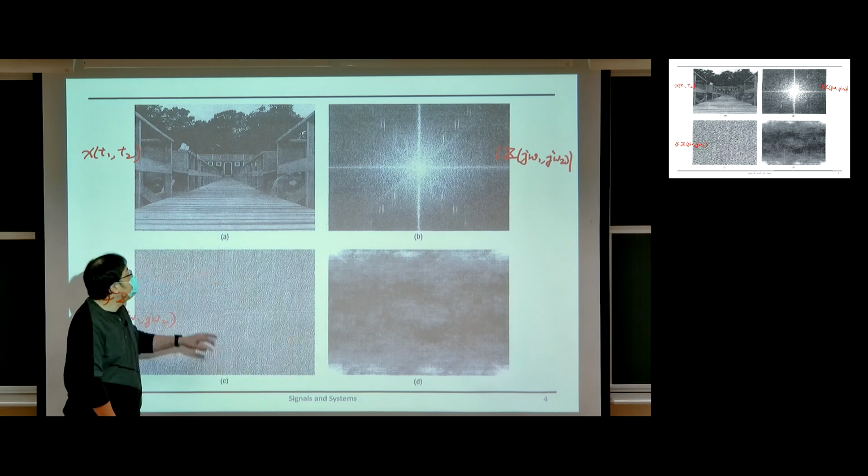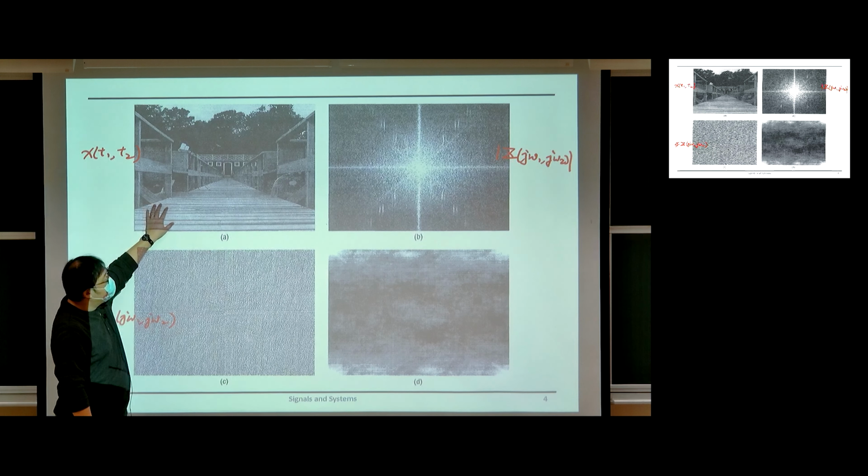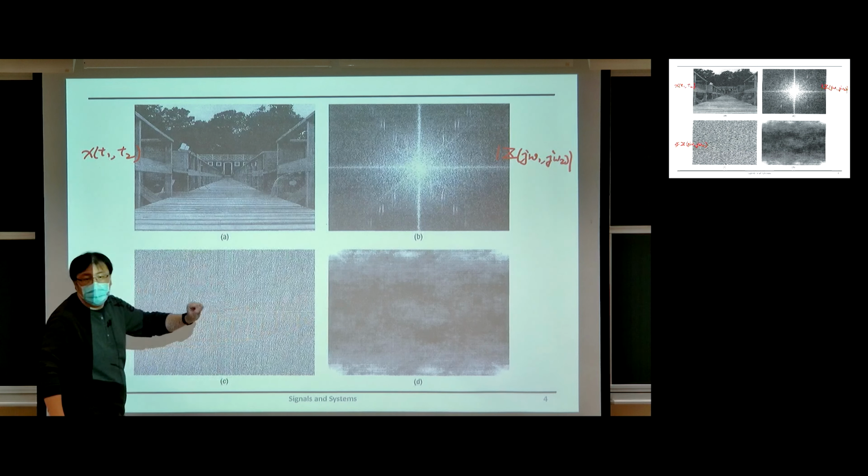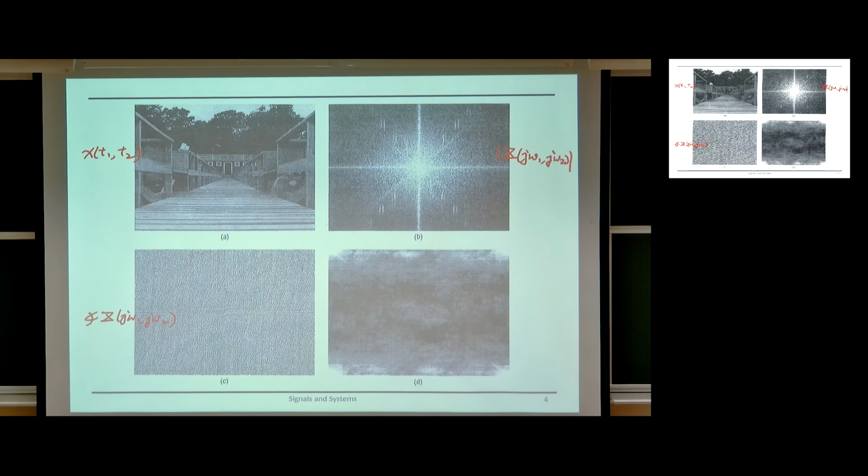Originally it's this, but if you get rid of the phase information, you see something that is completely blurred. So phase information is actually very important for images. Here you get the time domain x of t1, t2 with the phase set to 0.